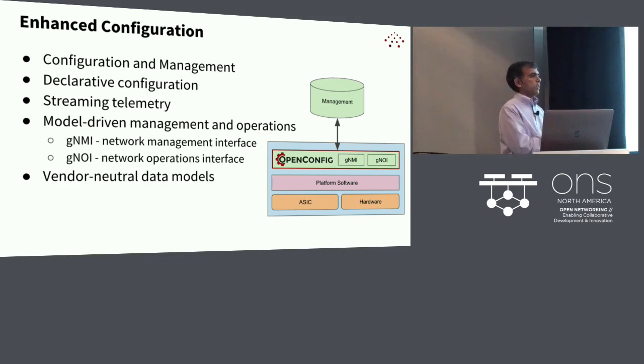The topology is expressed in terms of components in OpenConfig, and gNMI is the interface that a management entity would talk to, like a gNMI service in the Stratum agent, which provides streaming telemetry and enables a vendor-neutral view of the network.